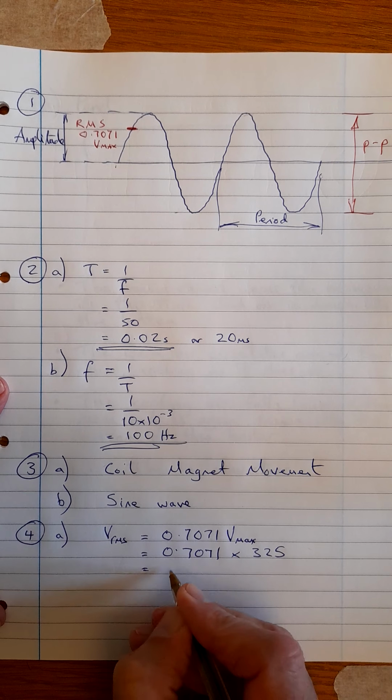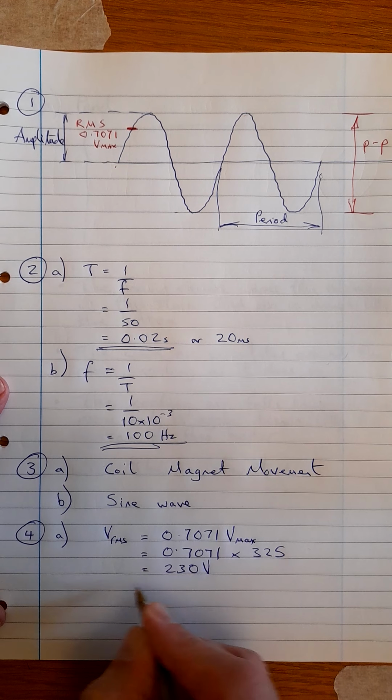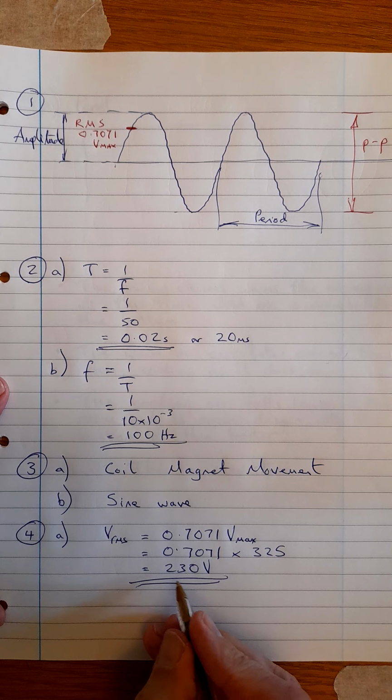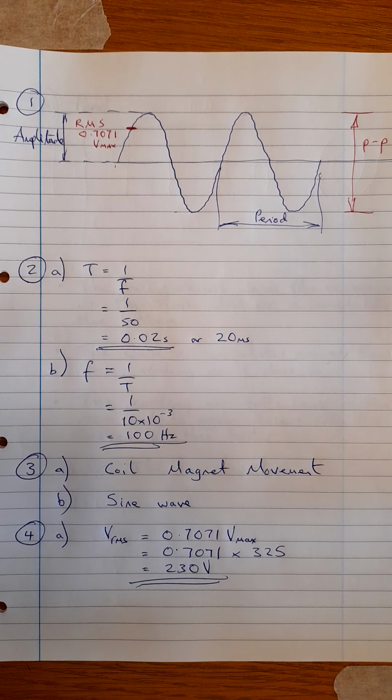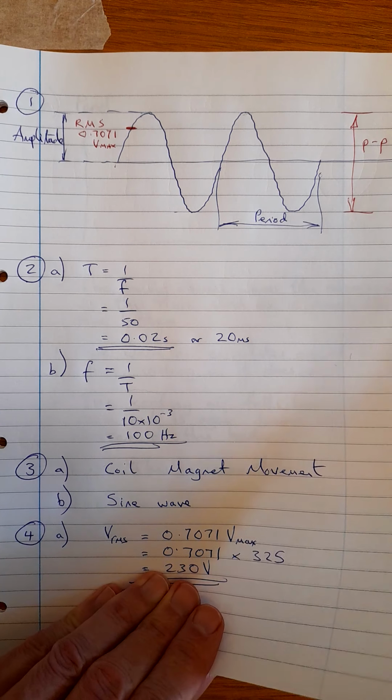And if you work that out, I'm hoping you're going to come to 230 volts. May actually be a tiny fraction different, but that's basically what the answer is aiming for. I hope that makes sense for you. So let's carry on. That was 4A.